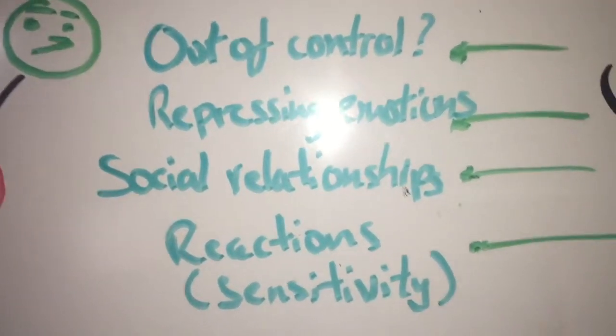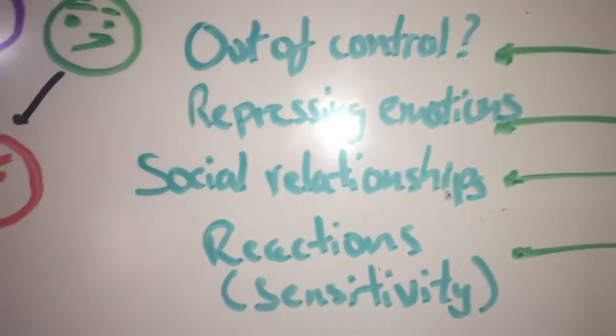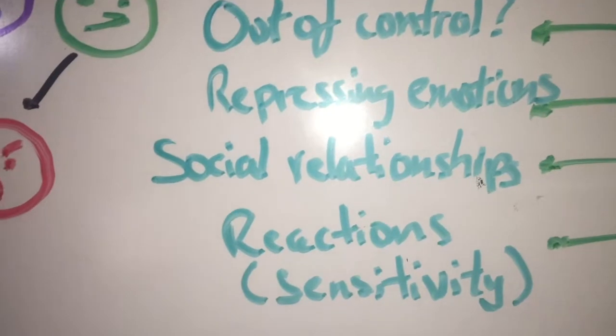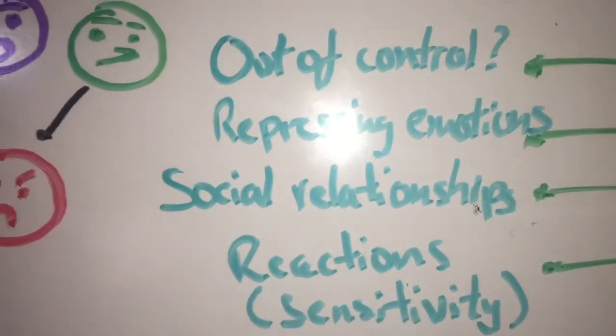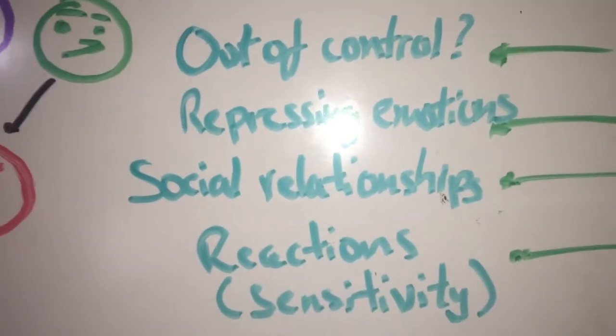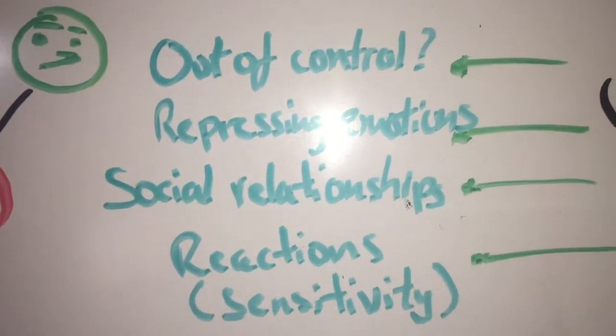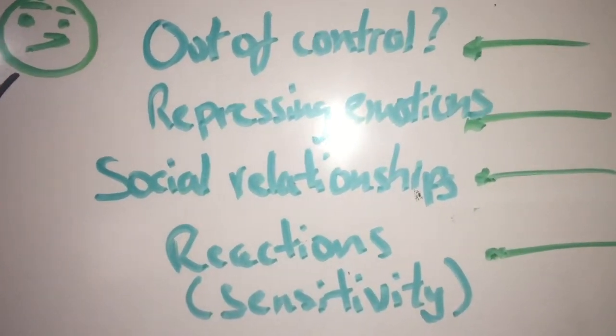And also your social relationships. If your friendships have been deteriorating slowly, or if you have been reducing your number of friends, or if you have trust issues with the main persons in your life.